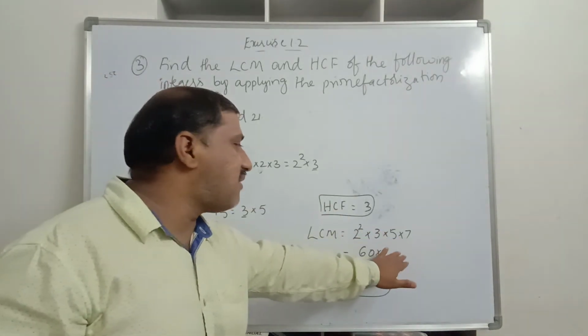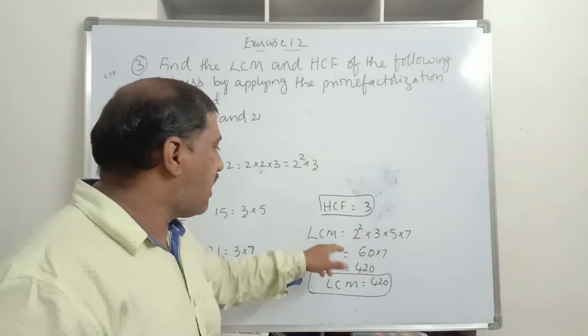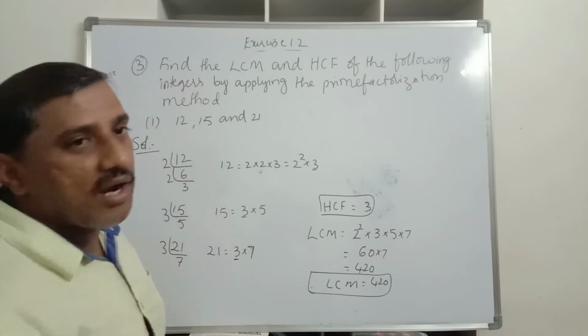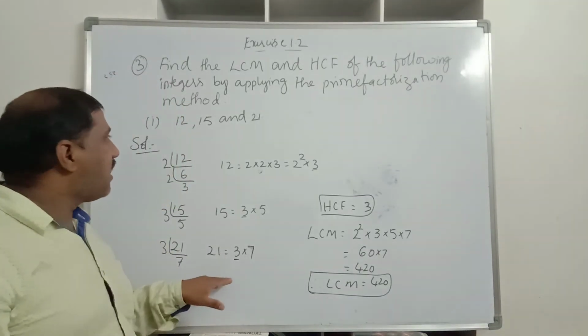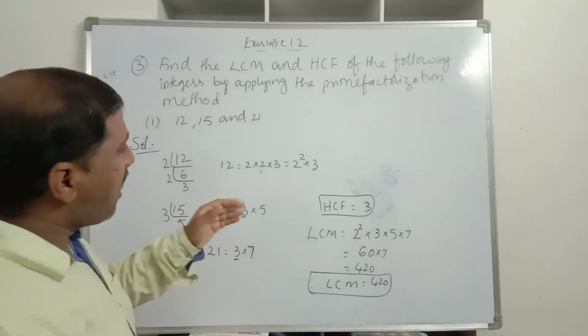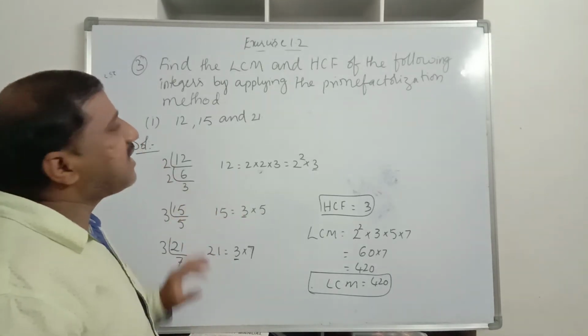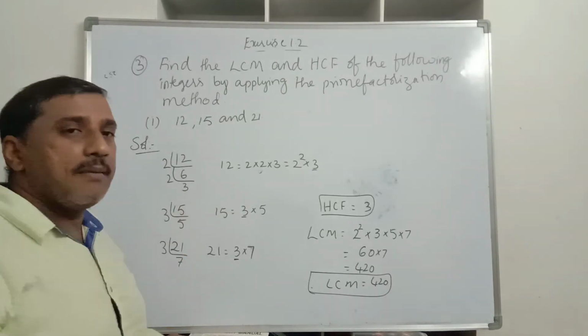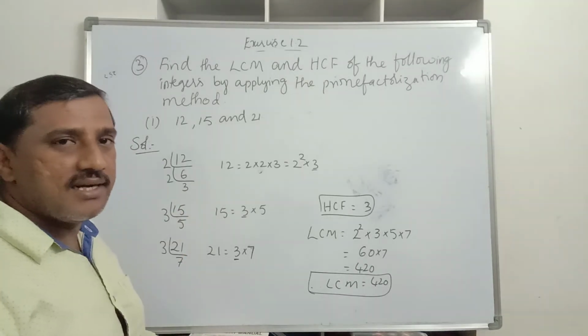Therefore it is multiplied with 5 and 7. Hence 2 squared into 3 into 5 into 7 will give you 420. So LCM of 12, 15 and 21 is equal to 420. HCF is 3. Like this we will find the LCM and HCF using the prime factorization method. Is it clear?